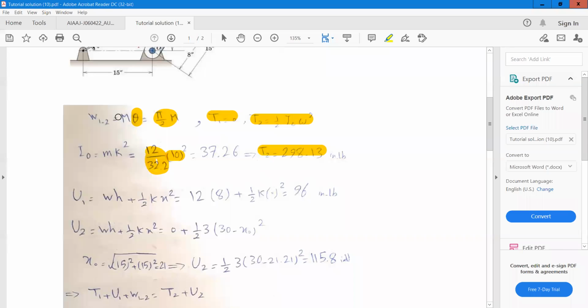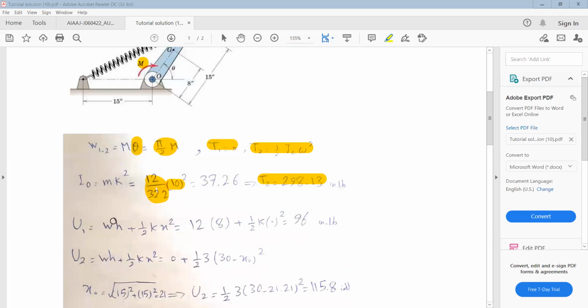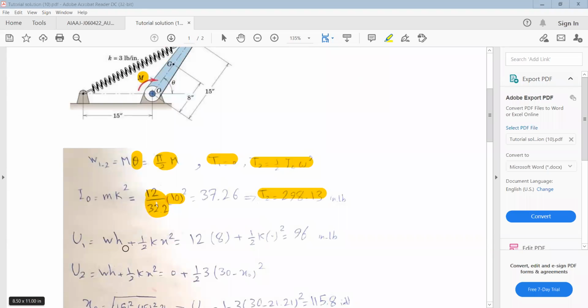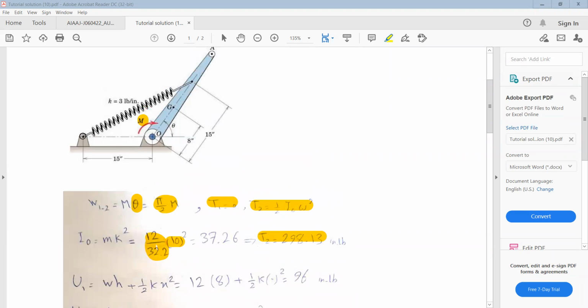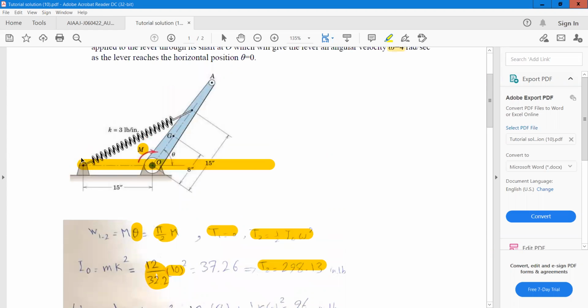We know that the potential energy in the initial condition is the potential energy of gravity plus the potential energy of the spring. For gravity, we need to choose a datum level. We assume that this is the datum level.